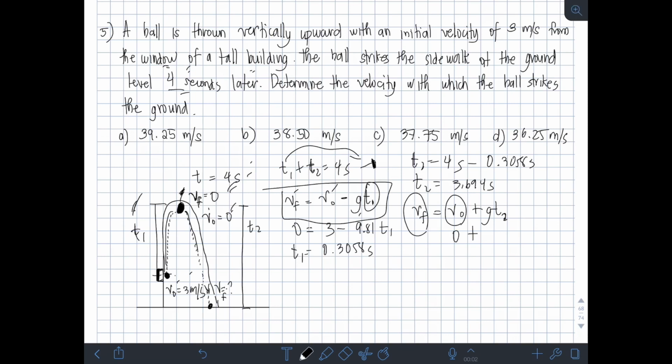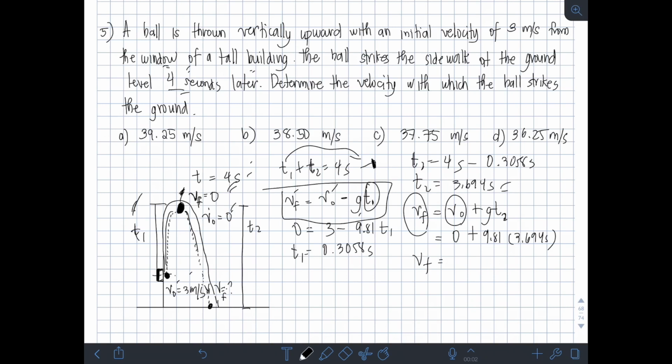Plus, so this time, what is the sign? Is it plus or minus? So, dahil pababa na yung travel ng ball, yung motion niya is along na sa acceleration due to gravity. So, positive na. So, plus g, 9.81 times T2. Nakuha na natin yung T2, right? Ito, 3.694 seconds.